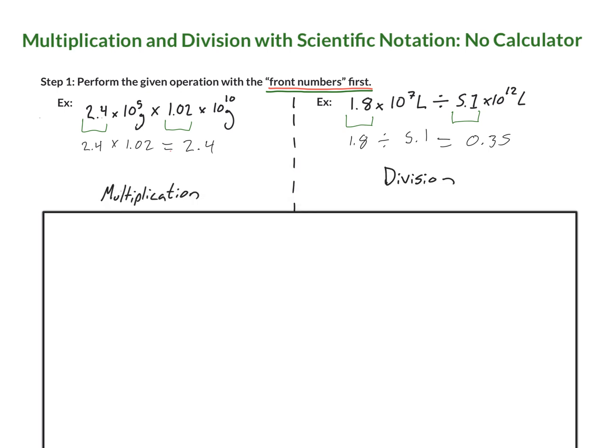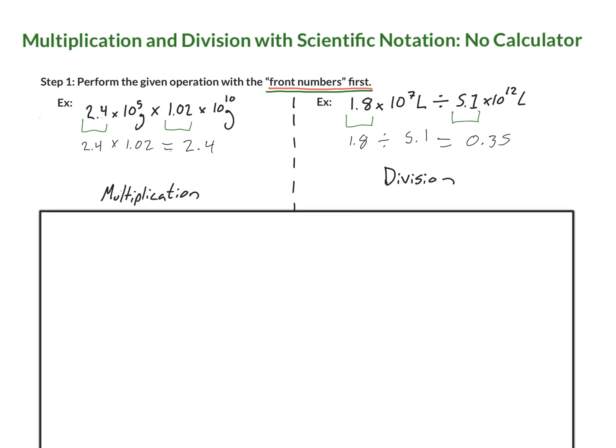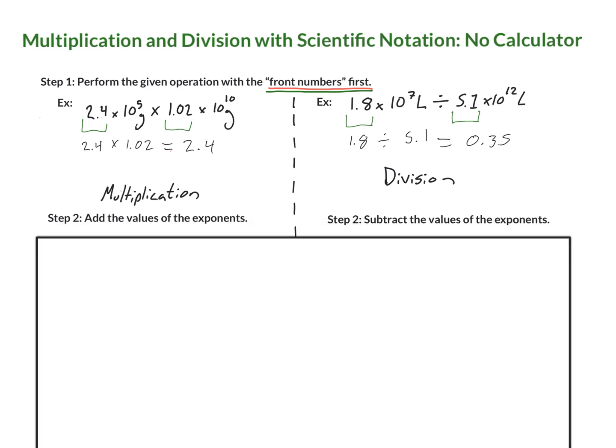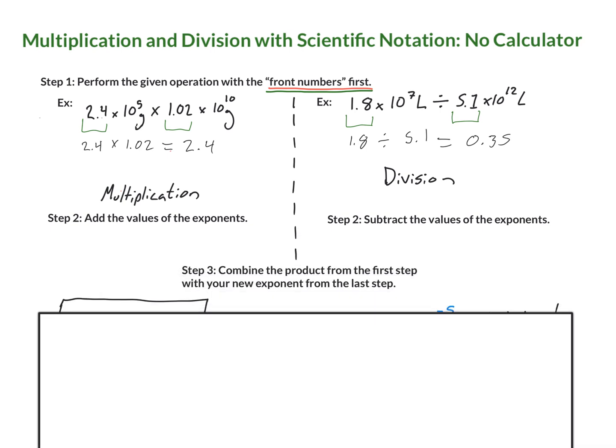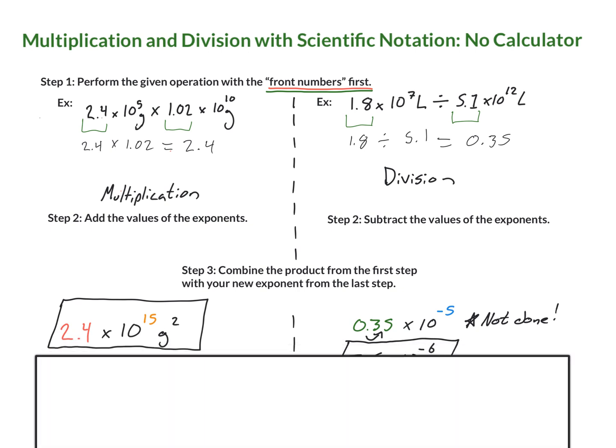Now's where we deal with the exponents. So this is where the two are a little different. Multiplication, we deal with the exponents by adding the exponents up. Division, well, we subtract them. That's the difference. So how do we handle it? Well, let's look at the multiplication first.